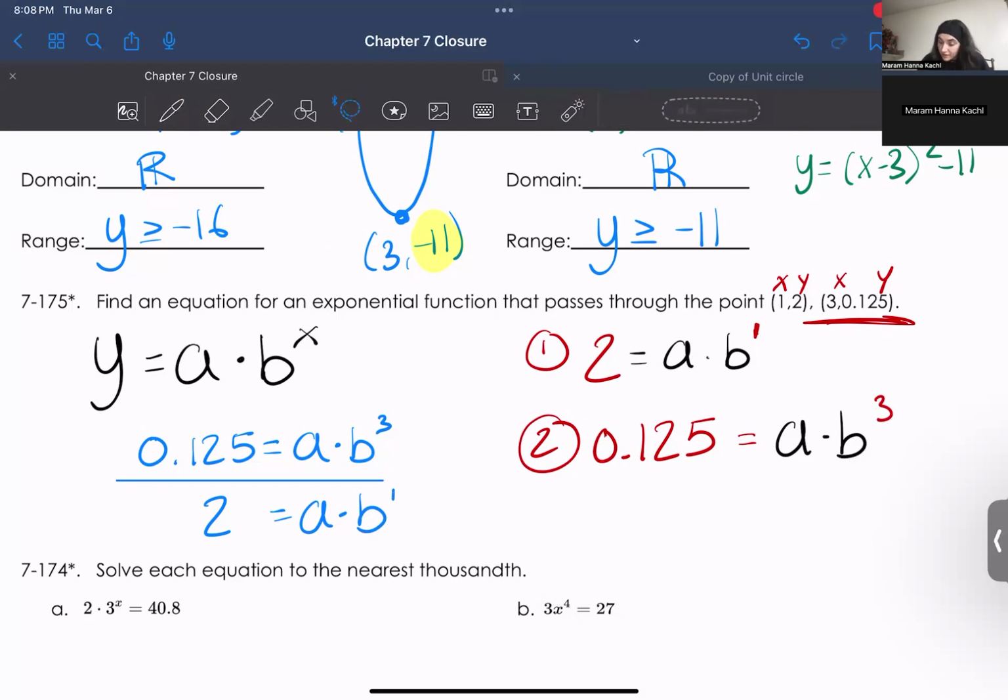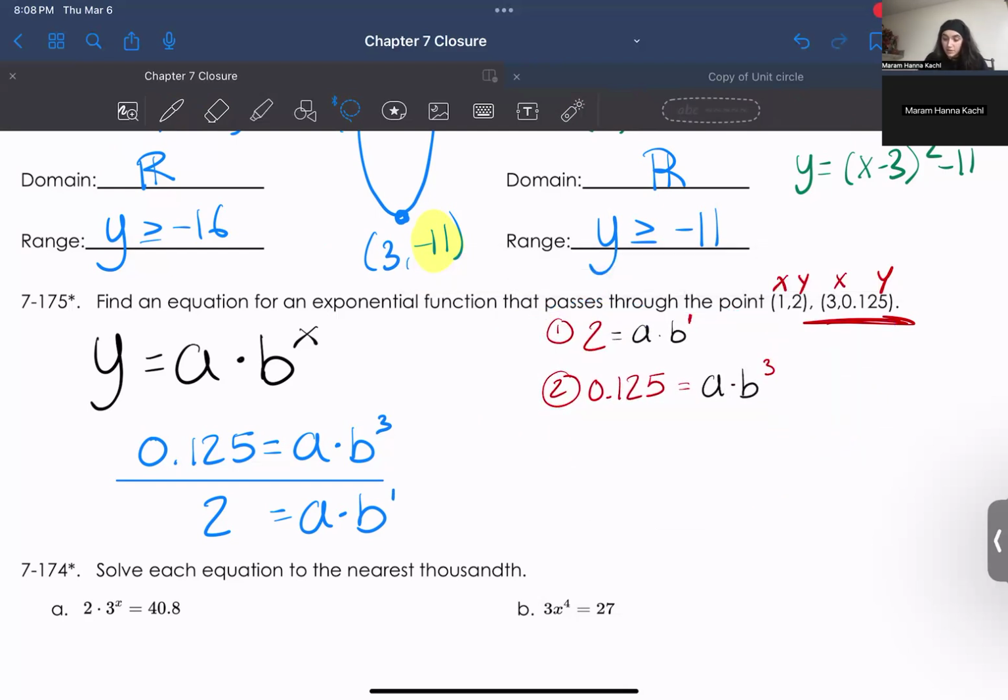Now, when I go to do that division, the left side is just as is. You do 0.125 divided by 2. So far I'm at 0.0625. And then the nice part is that I have 1a on top, 1a on bottom. That goes away, and then I'm left with b.